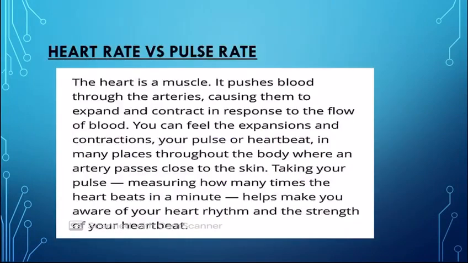The heart muscles push the blood through the arteries, causing them to expand and contract in response to the flow of blood. That's why you can feel your pulse through your wrist, as well as some other parts of your body where an artery passes close to the skin.